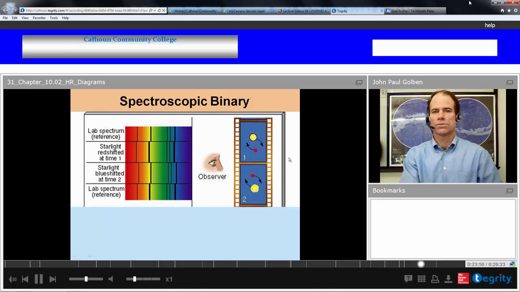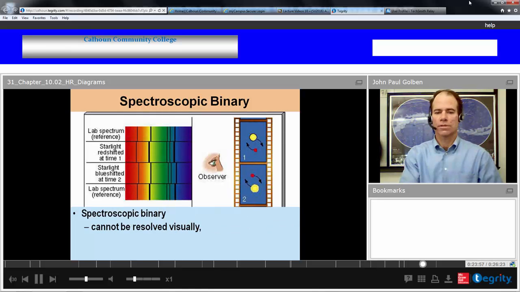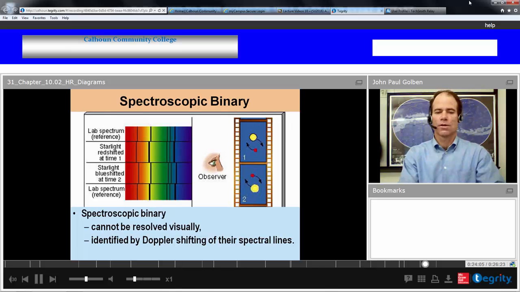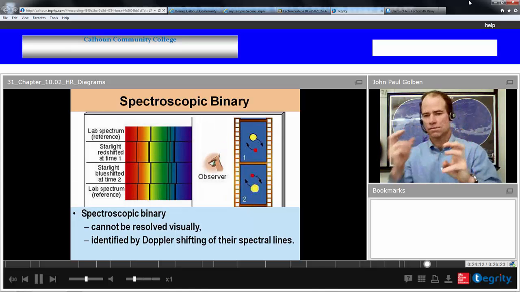Another way to observe a binary star system is through spectroscopic techniques. We could use the Doppler shift in this case. These are for stars that cannot necessarily be resolved visually because they're so close to each other. But if you look at the light, you can see that sometimes one brighter star is moving towards you, sometimes it's moving away from you.